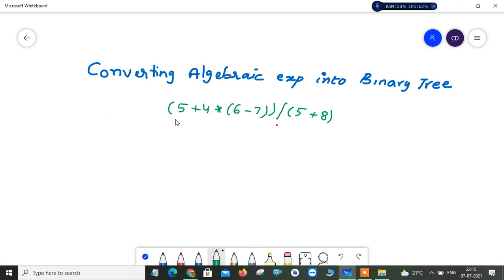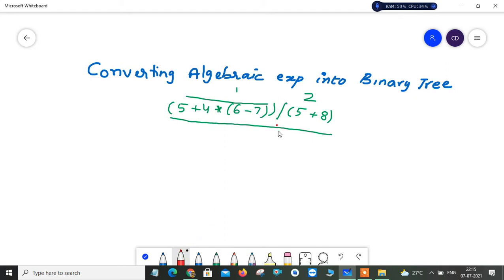Because of that rule, now you can take this expression and observe that this is one part of your expression, and after division this is the second part, and this entire thing will be the first part of your expression. In that we have outer and inner brackets.